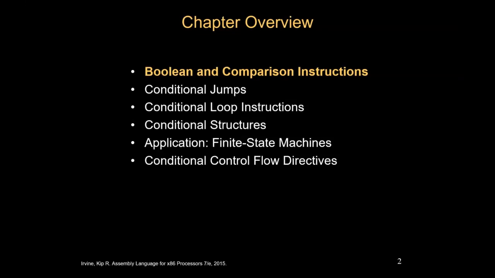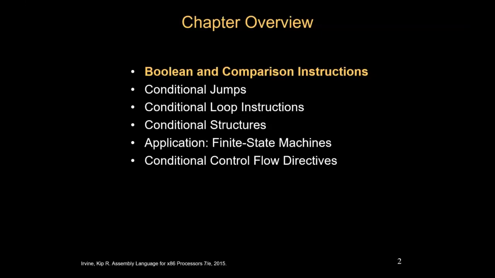In high-level languages, your if statements, switch statements or conditional loops have branching logic, and assembly language, as primitive as it is, also provides all the tools you need for decision-making logic. We will learn about a lot of these things in this chapter.